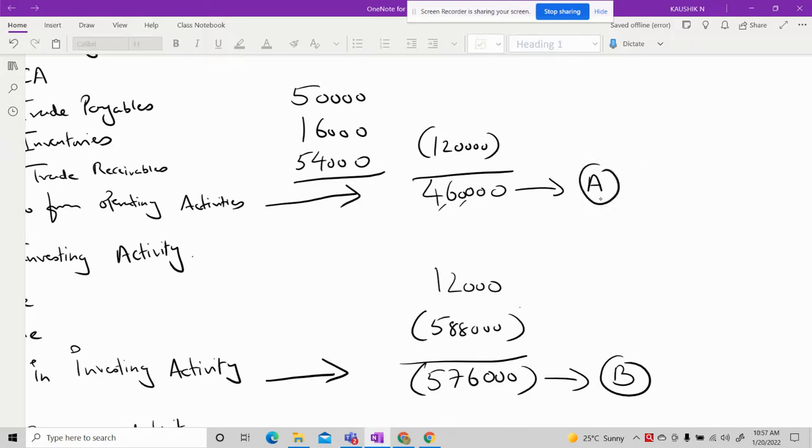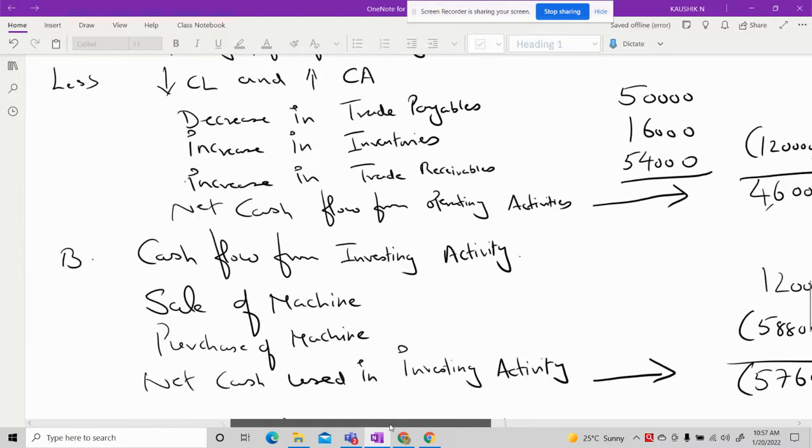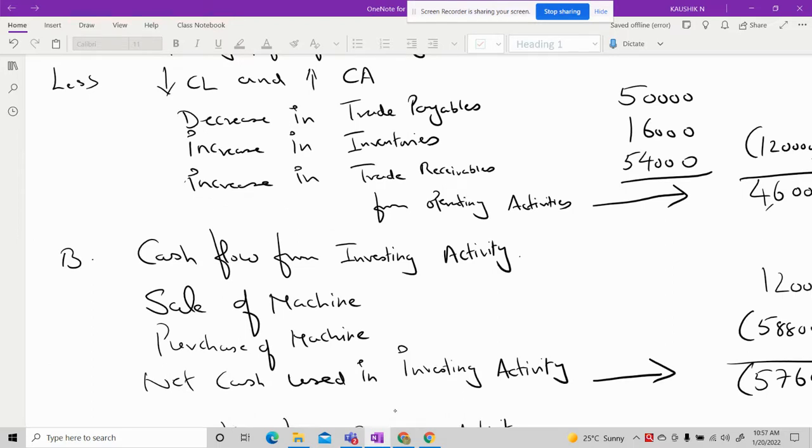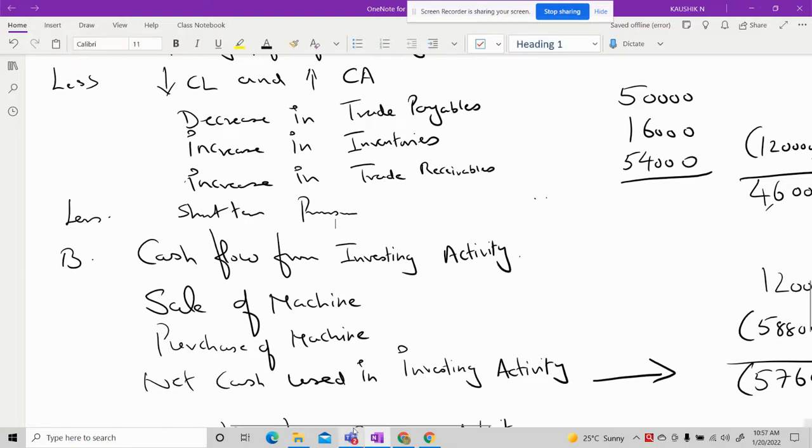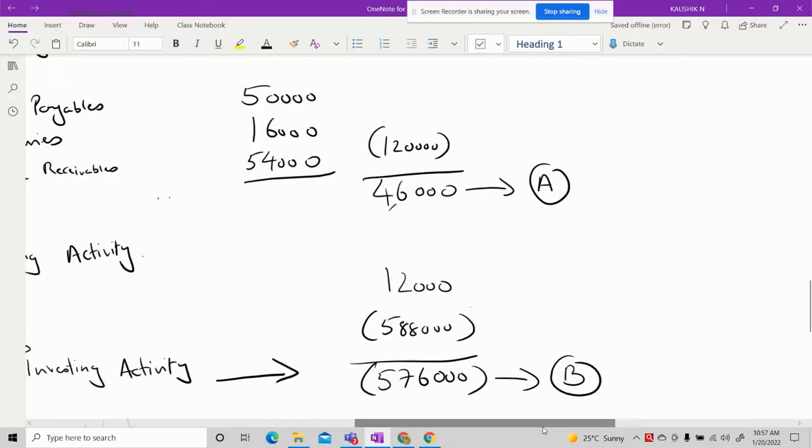With this 4 lakh 60, I should subtract the short term provisions, the value of rupees 1,54,000.